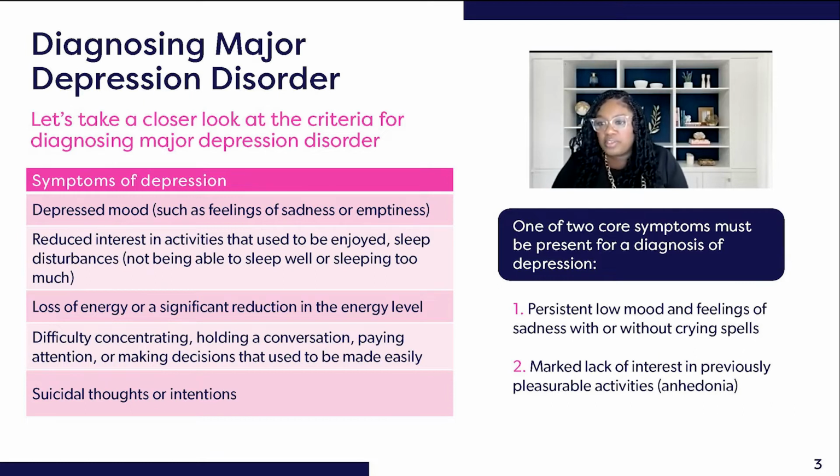So number 1, persistent low mood and feelings of sadness with or without crying spells. Number 2, marked lack of interest in a previously pleasurable activity. So when it's coupled with all 4 of these components, that's how you get the severe. And a lot of the severity levels depend on having 1 or 2, 3 or 4, or all.